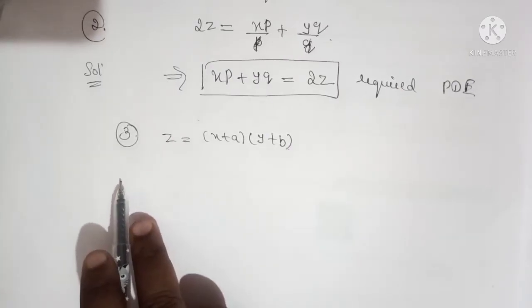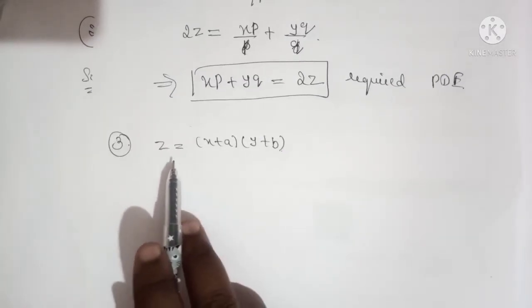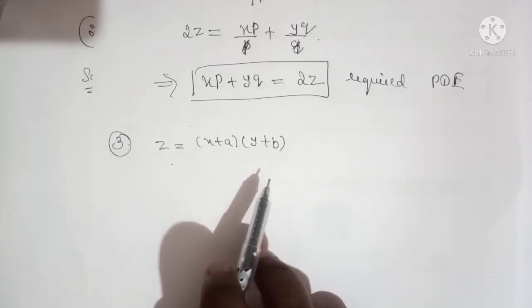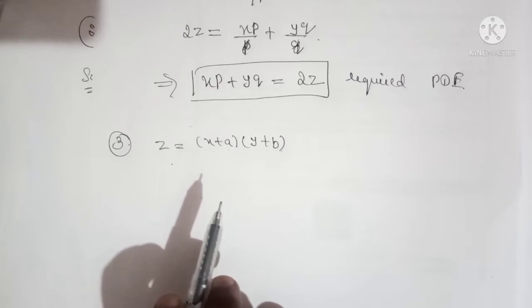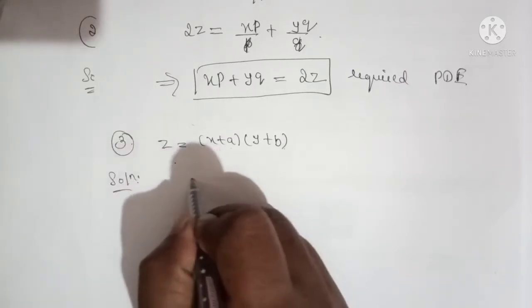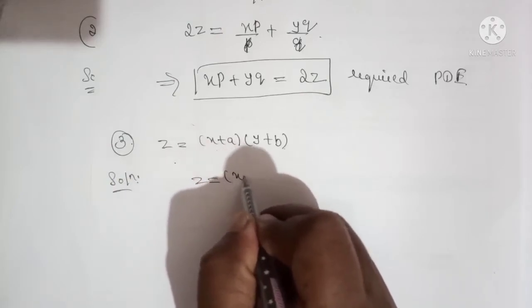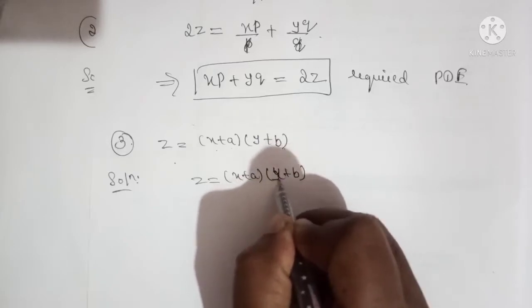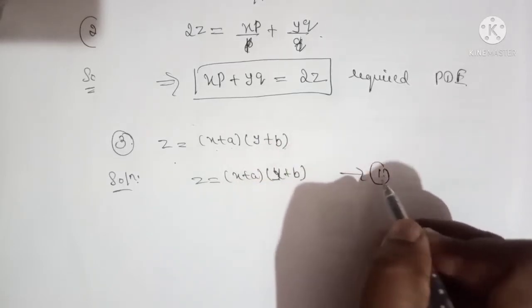Next we have one more question here. Z equals x plus a into y plus b. Again the same question, form the PDE by eliminating arbitrary constants. Solution, let us take this equation as equation 1.